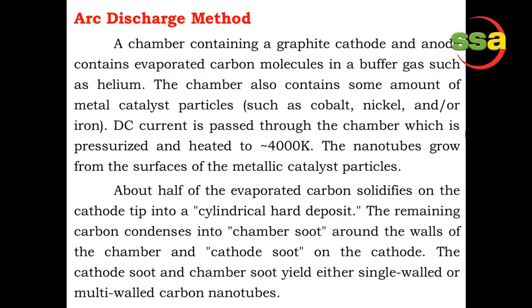As we said, when a DC current is passed through the discharge tube, discharge takes place, and after discharge the carbon atoms which get evaporated are deposited on the target, which is hardened.